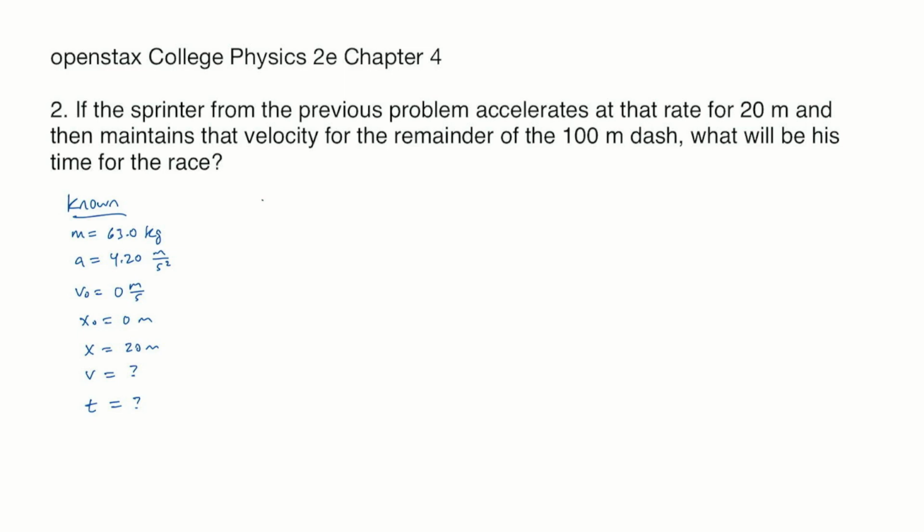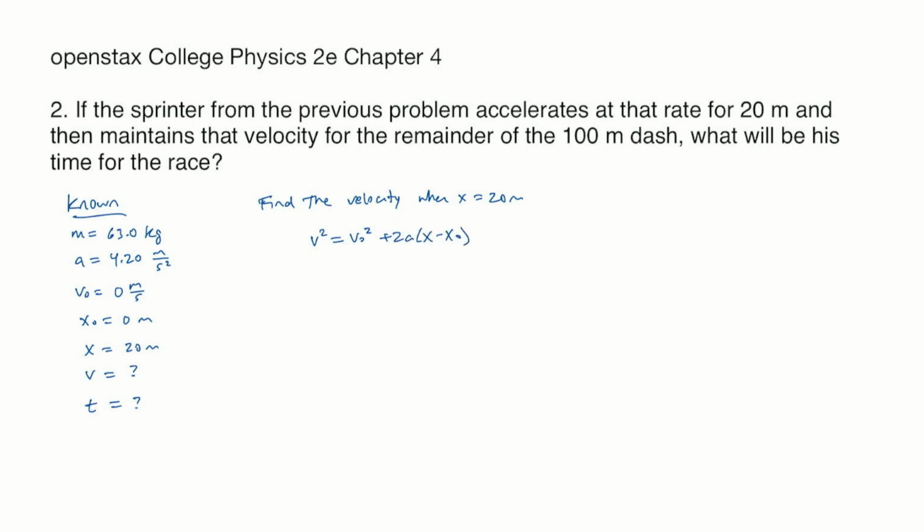All right, so let's find the velocity when he gets to the 20-meter point, so when x is equal to 20 meters. We can use v squared is equal to v naught squared plus 2a times x minus x naught.